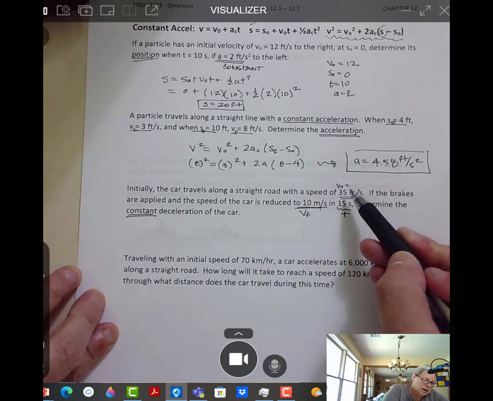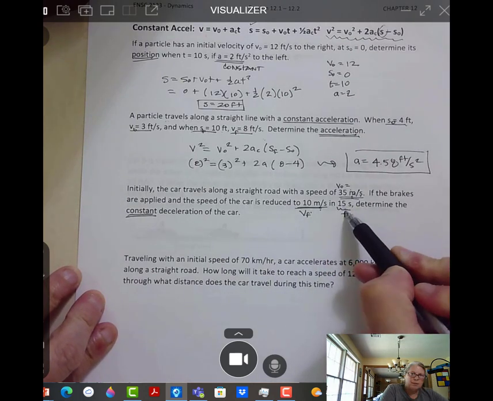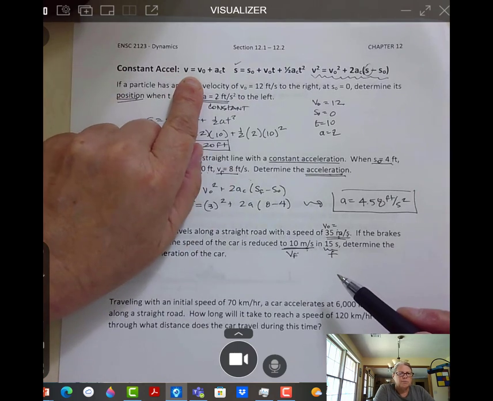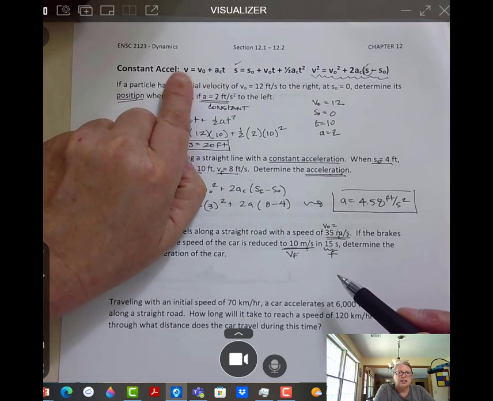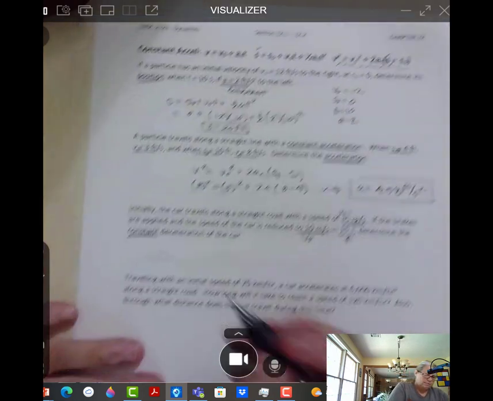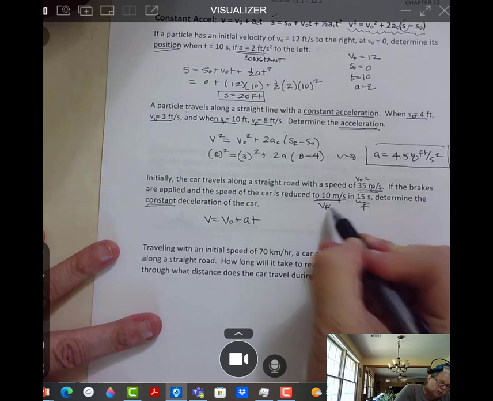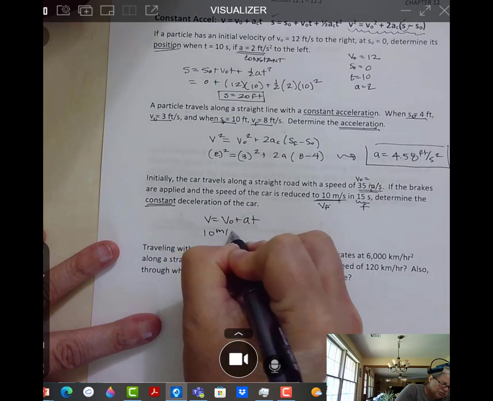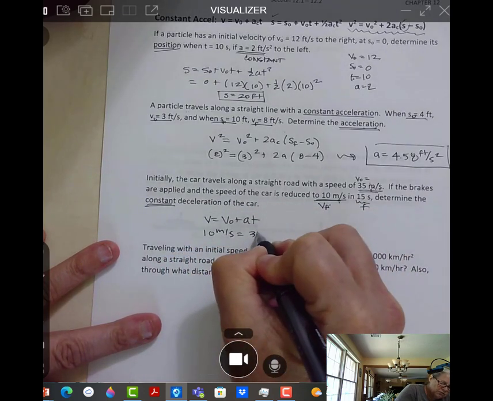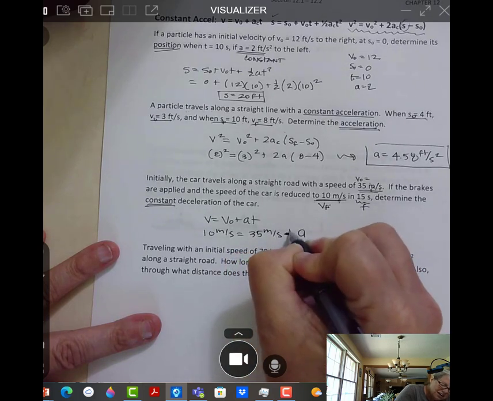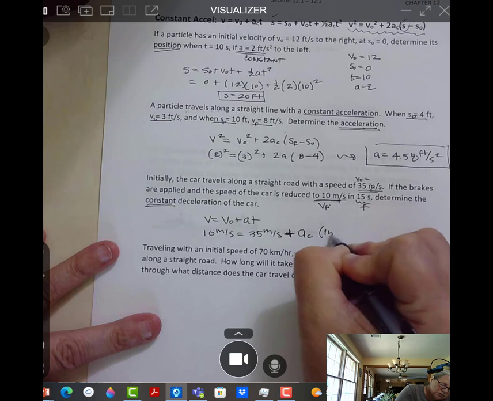So if I have a velocity and a time, and I'm trying to figure out an acceleration, and I don't know anything about position change, here is the equation I'm going to look at: v equals v naught plus a t. So my final velocity is 10 meters per second, my initial is 35 meters per second, equals that plus the constant acceleration times 15.